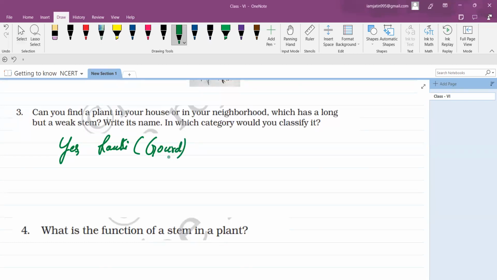The gourd has a long but weak stem. It needs support to grow.